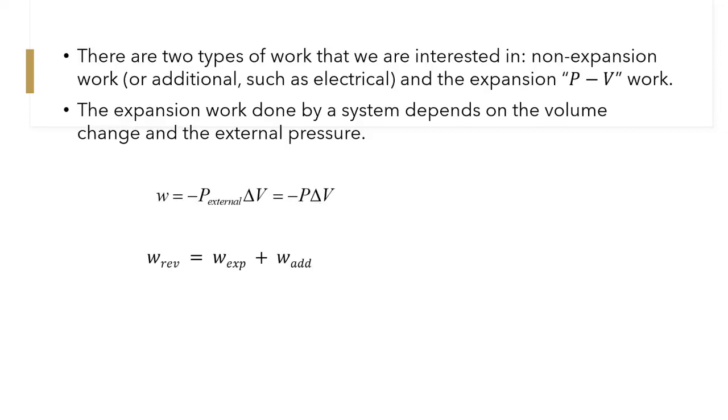Now there are two types of work. We have the non-expansion work, or what we call the additional work, for example electrical work, and you have the expansion PV work. Now you remember that the expansion work done by a system depends on the volume change and the external pressure, so you have w is equal to minus PdV. So this reversible work is really the expansion work plus the additional work.